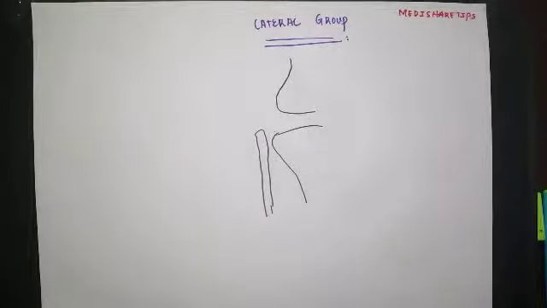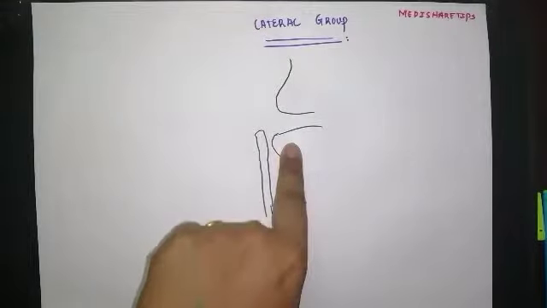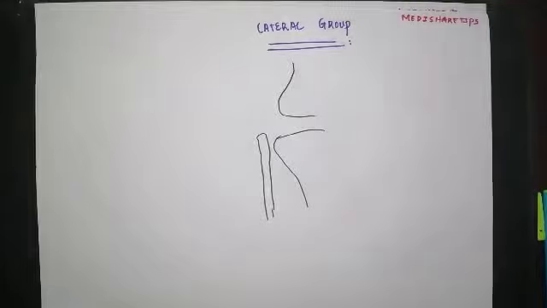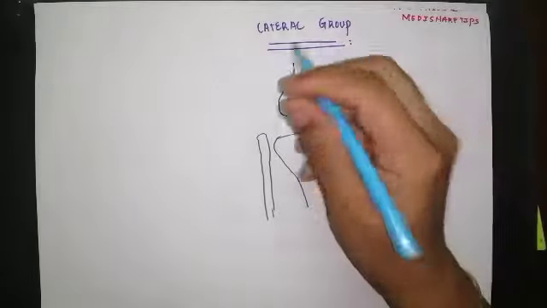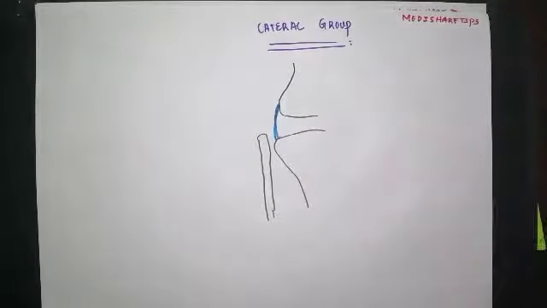Before discussing the lateral group of bursae, we will see the lateral aspect of the knee joint. You can see the lower end of the femur. This is the upper end of the tibial condyle. You can see the head of the fibula here. Looking at the lateral aspect, we know that there is a fibrous capsule. This is the fibrous capsule of the knee joint.